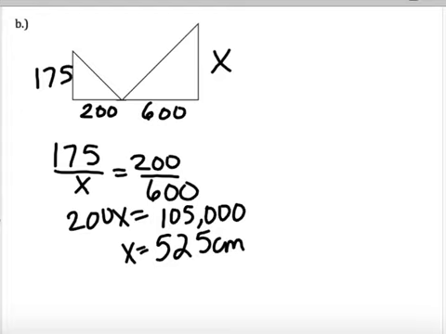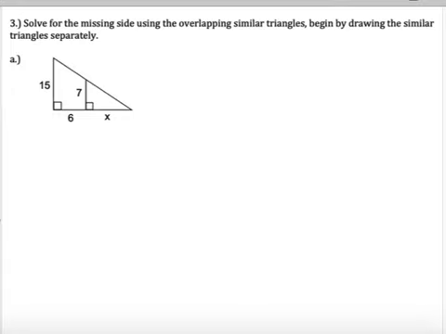Okay? So with those two ideas, those triangles are not overlapping. But there are also triangles that are similar, that are sometimes overlapping, and this is the next big idea that we want to talk about.